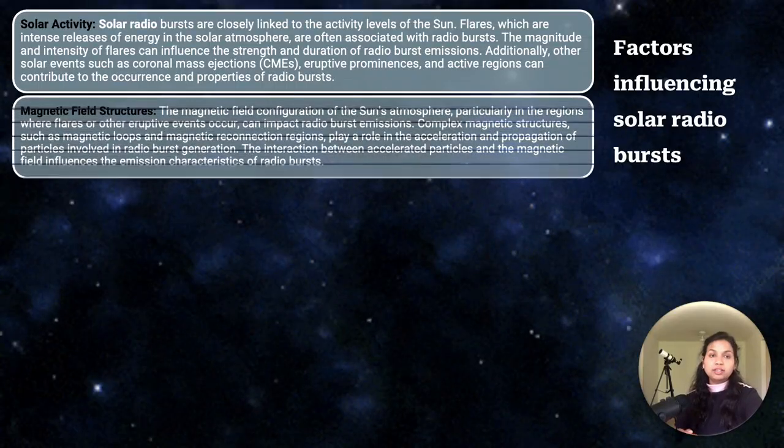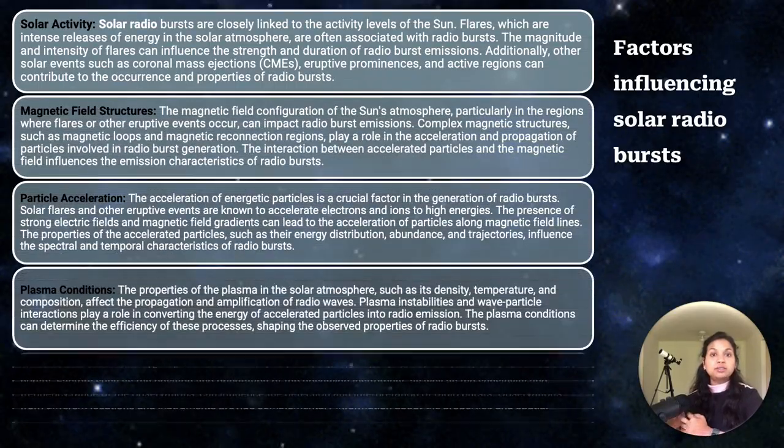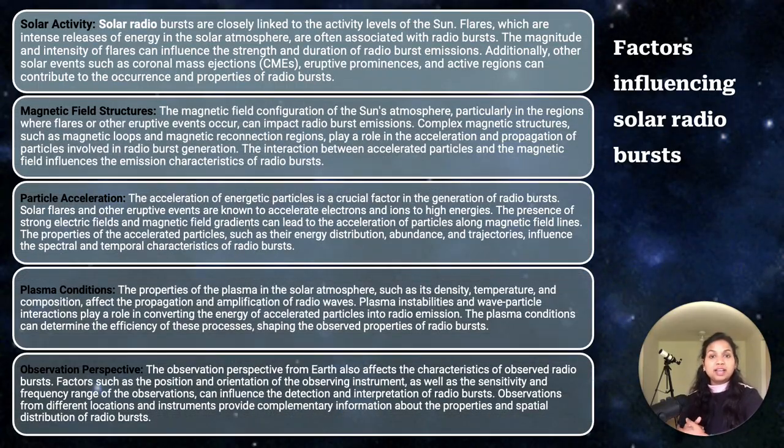Factors influencing solar radio bursts can be characterized into several key aspects. These factors play an important role in shaping the characteristics, occurrence, and properties of solar radio bursts. The most major factor is solar activity. Solar radio bursts are closely linked to the solar activity level.